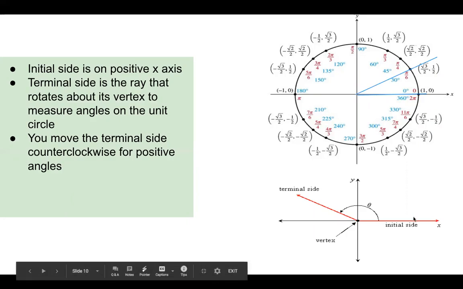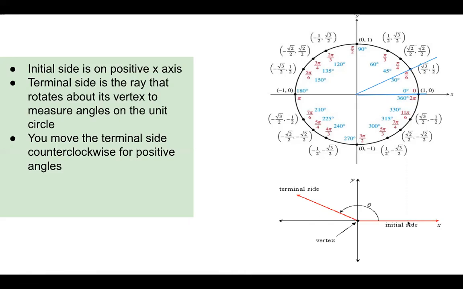You know how a clock usually moves this way? Even though clocks are getting outdated for phone clocks, the hands move this way, but counterclockwise means you're moving opposite of how a clock moves. So you move counterclockwise to measure positive angles.